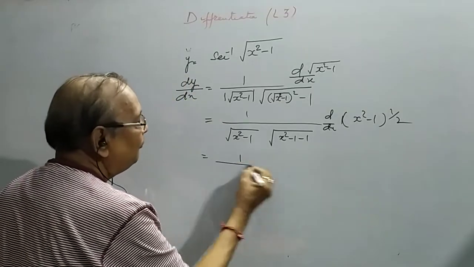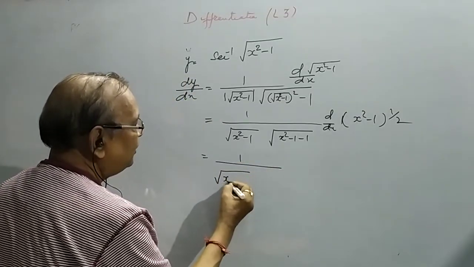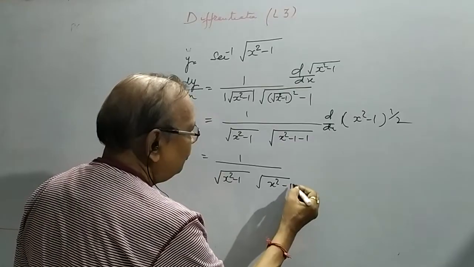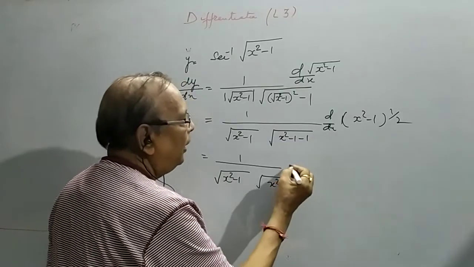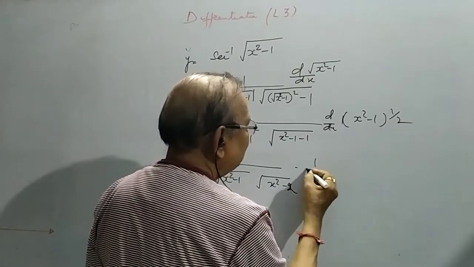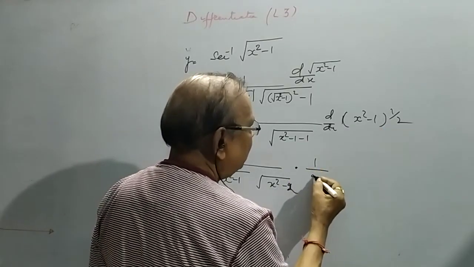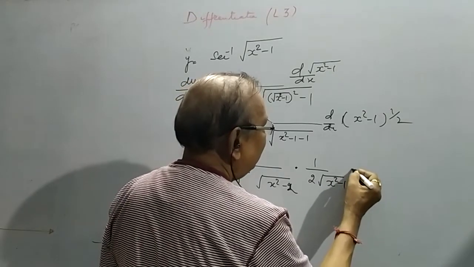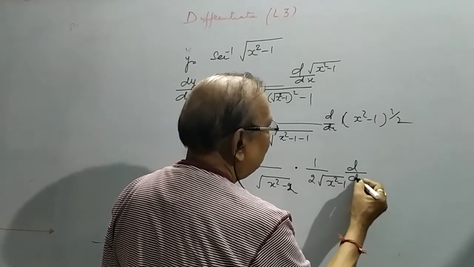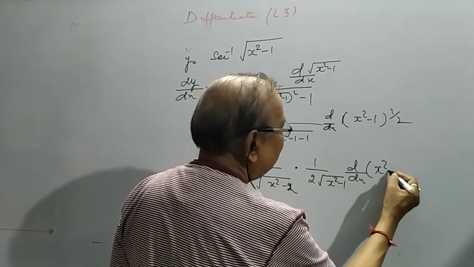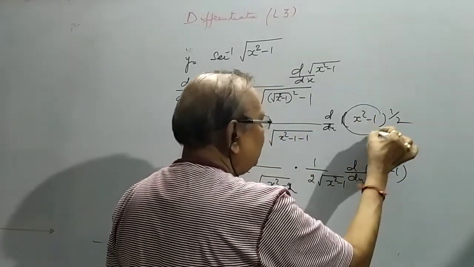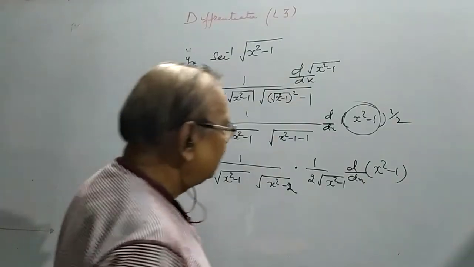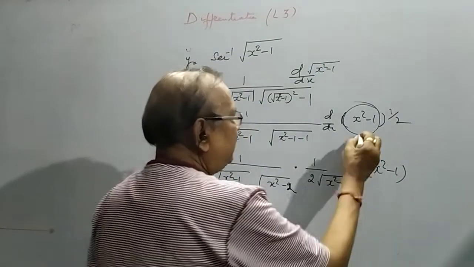Now that will be 1 upon 2 under root x square minus 1 into d by dx of x square minus 1, as we have assumed already t raised to the power half.